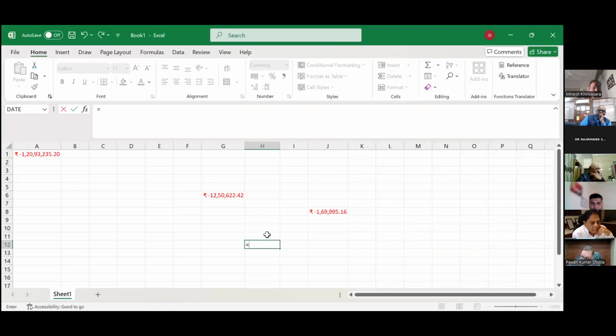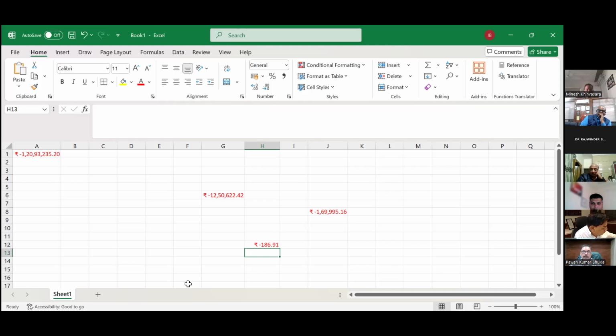Equals to PMT, rate is 8%, comma, for 18 years. Nothing is to be filled in present value, future value you require 7,000, comma, 0. You can get this value.